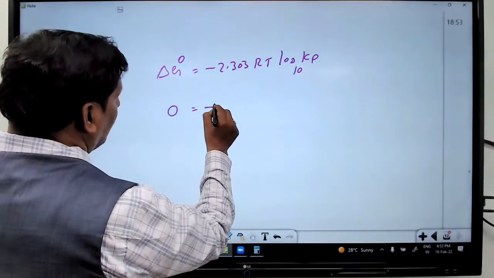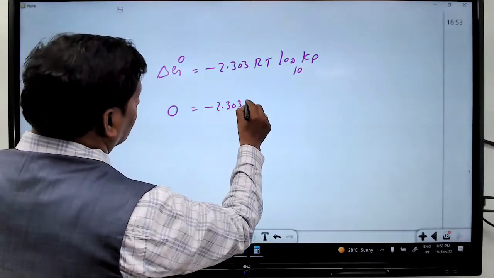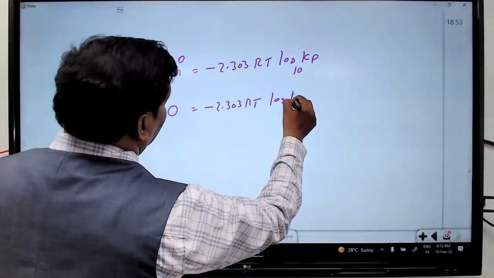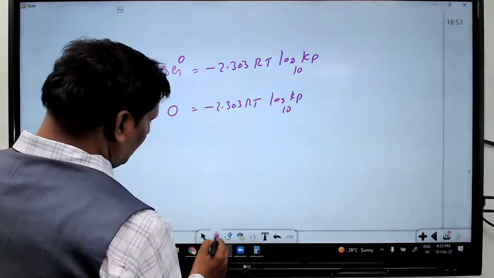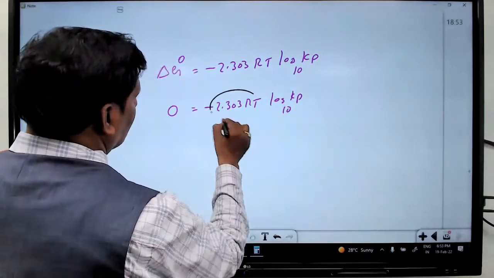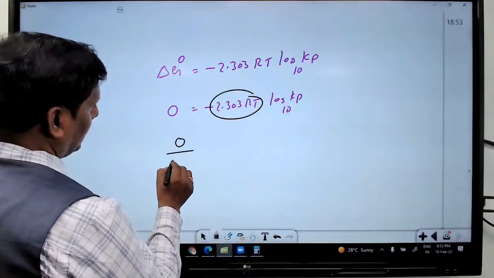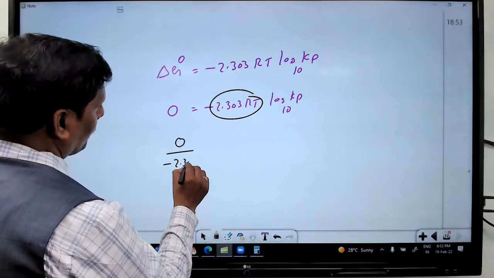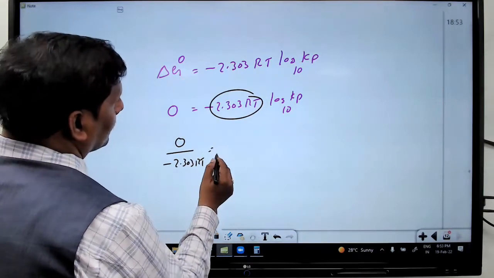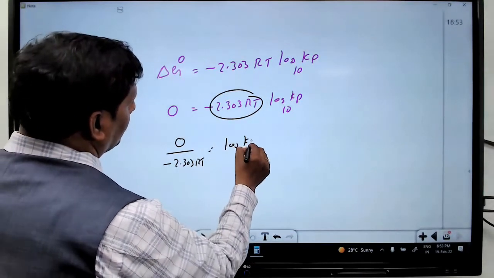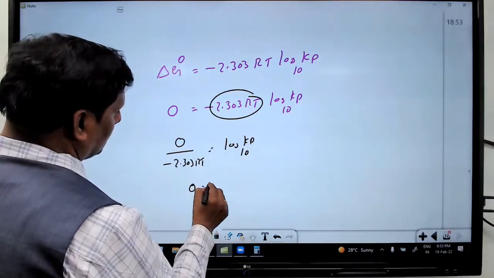So minus 2.303 RT log Kp to the base 10 equals 0. Bring this side: 0 by anything is 0. Log Kp to the base 10 is equal to 0.